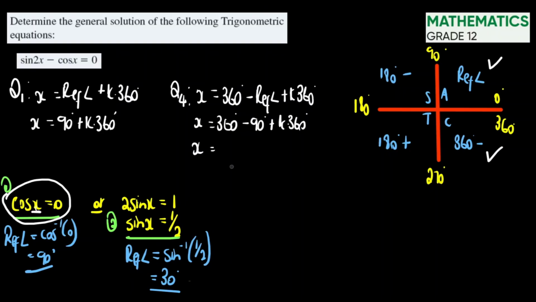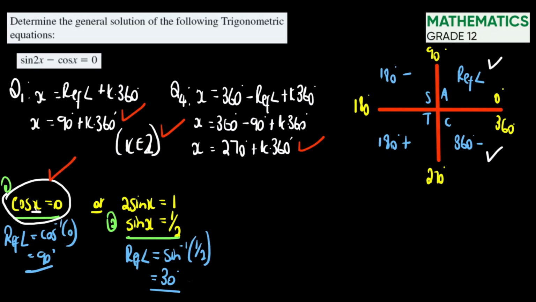So 360 minus 90 degrees gives you 270 plus k times 360, and we know k is an element of the integers. They always give you marks for writing that. So this will be our solution. We'll get a mark on that, and we'll get a load of marks in factorization. Remember, these solutions are for cos. So we've done cos. We need to come back and do that same thing for the reference angle of 30 degrees for sine. So let's go ahead and do that.